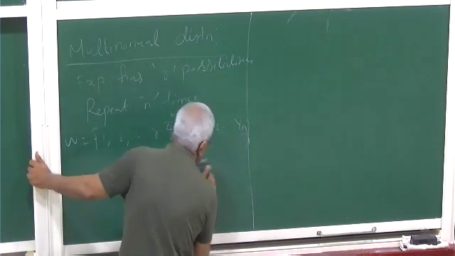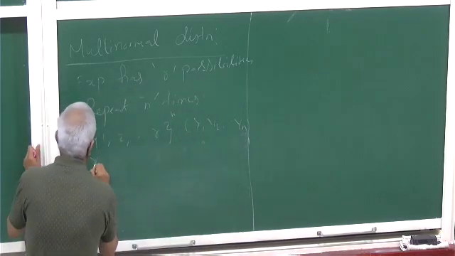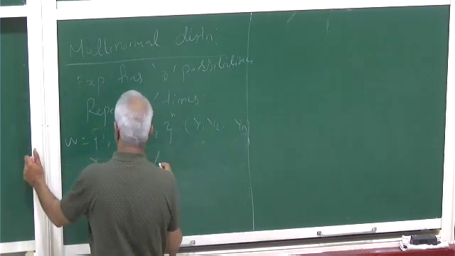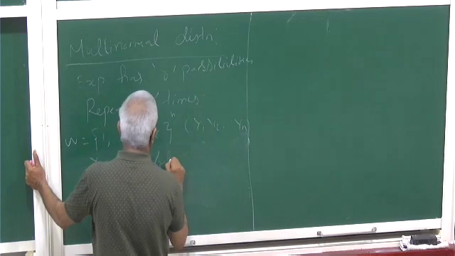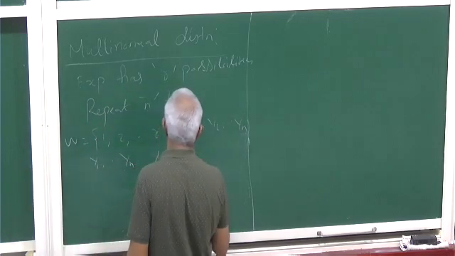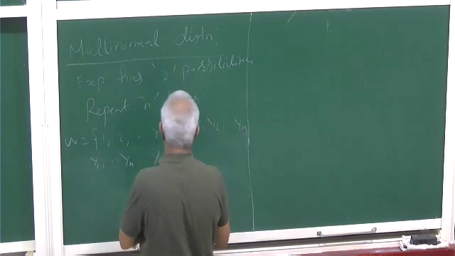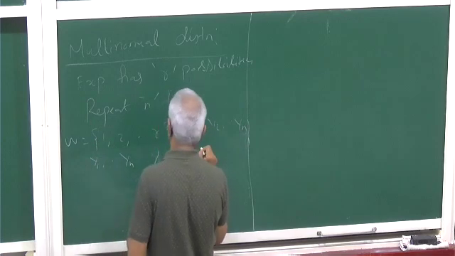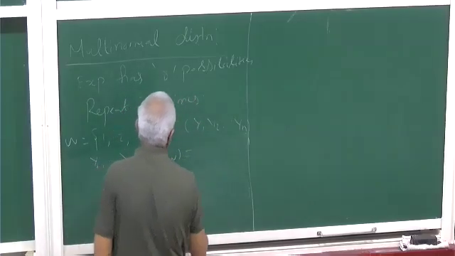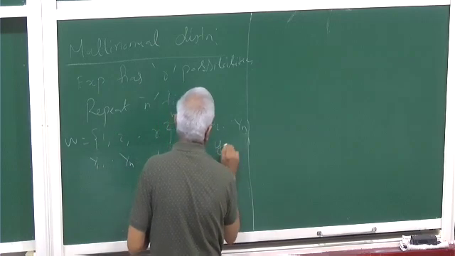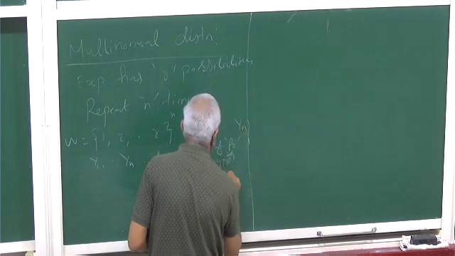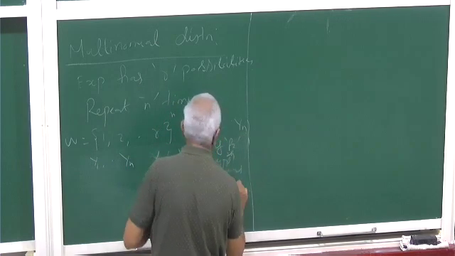You have Y_1 up to Y_n, where Y_i of omega equal to k if the kth type occurs in the ith experiment.